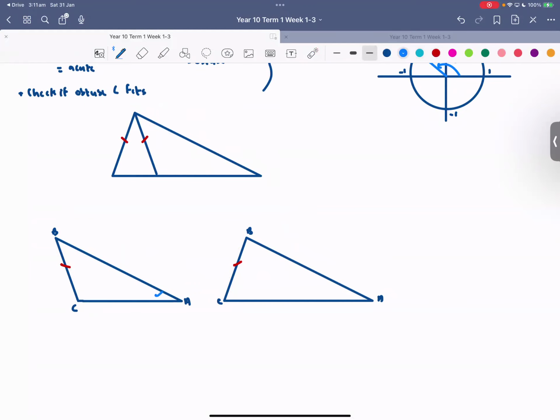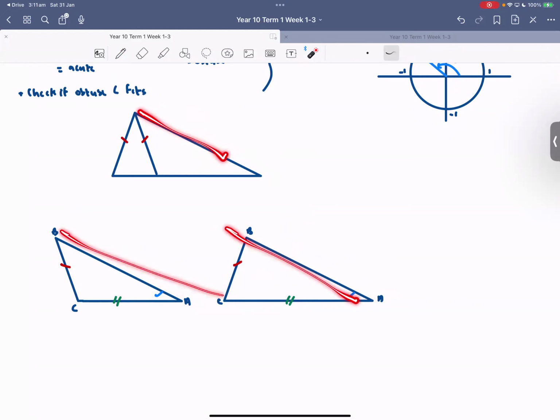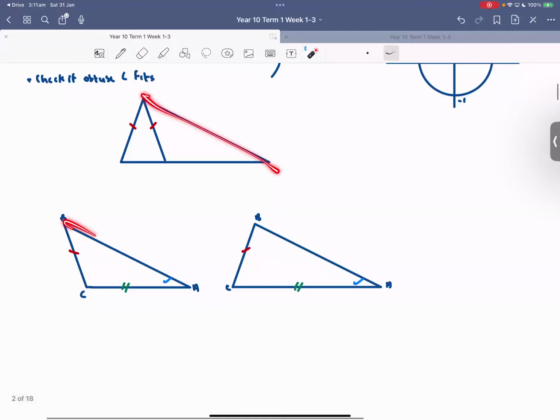A and A, are they the same? Are these two sides the same? My entire class agrees that this and this are the same side length. This and this are the same angle. Is this the same in both of them? Yes, does everyone in the class agree that they're the same in both of them?